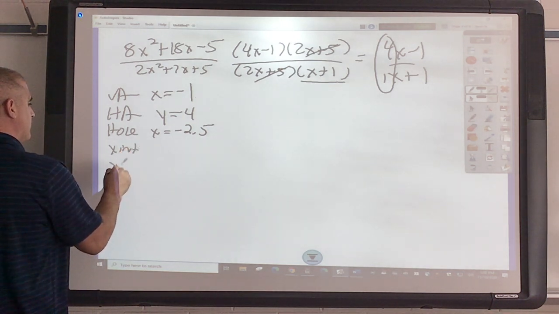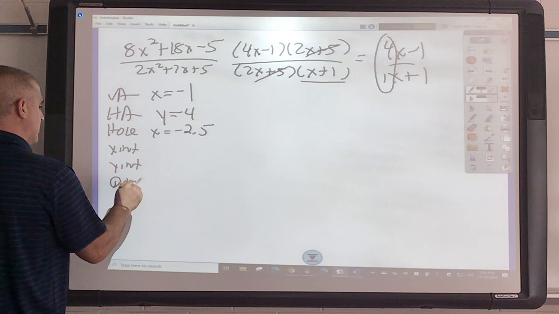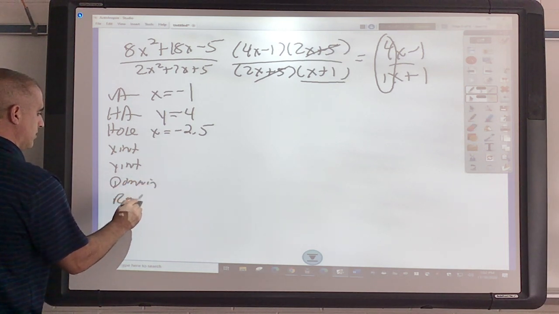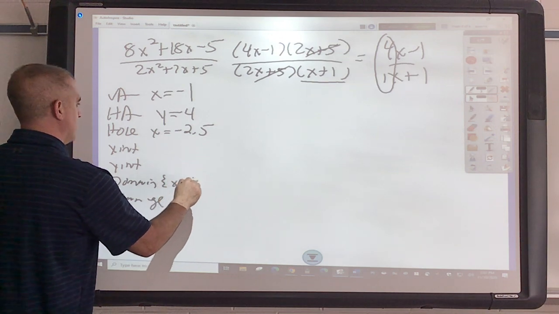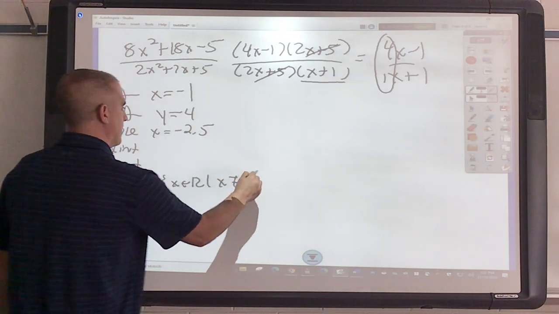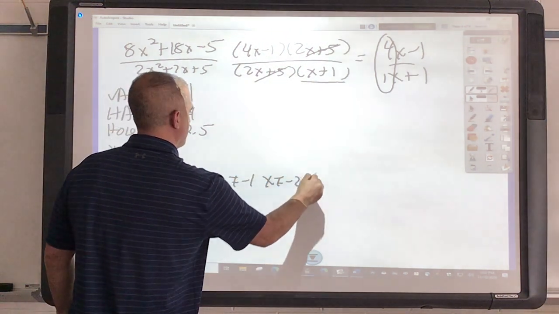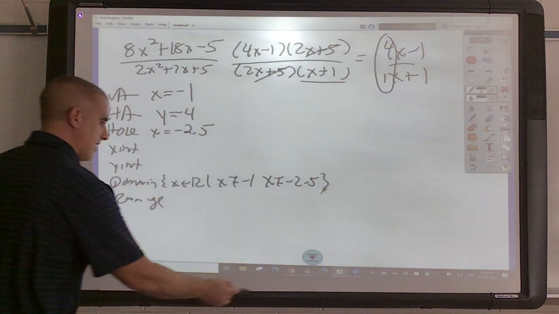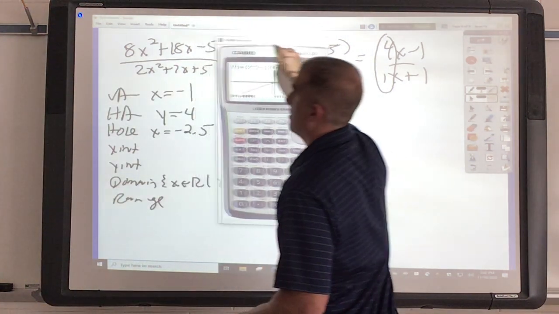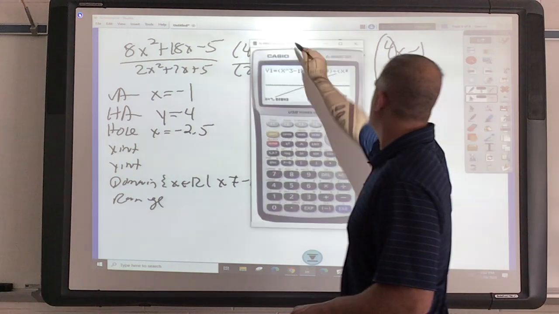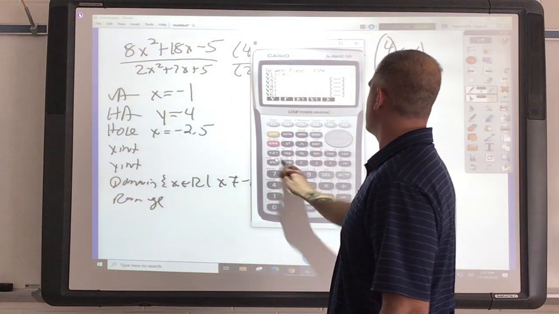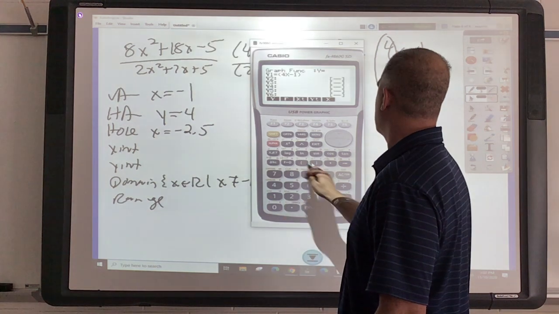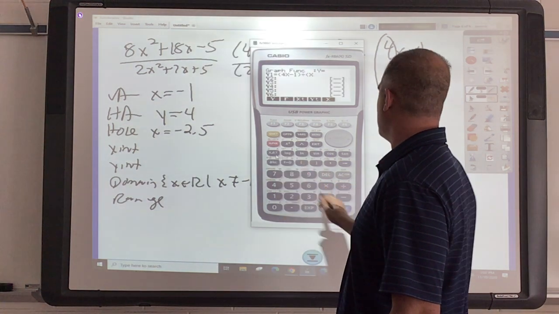X-intercept, y-intercept, domain, and range. I already know the domain: all real numbers, x can't be -1, x can't be -2.5. That's easy. Let's get the x-intercept and y-intercept. So I've got 4x minus 1 divided by x plus 1.